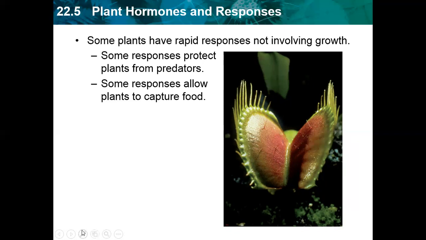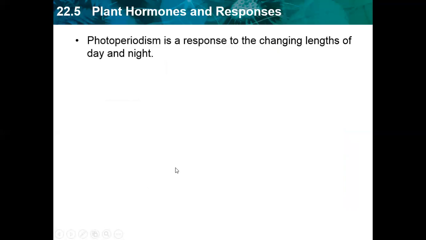And also, plants can respond to seasonal changes. Sometimes we have a longer day, and sometimes we have a shorter day. In response to this, we have what we call photoperiodism.